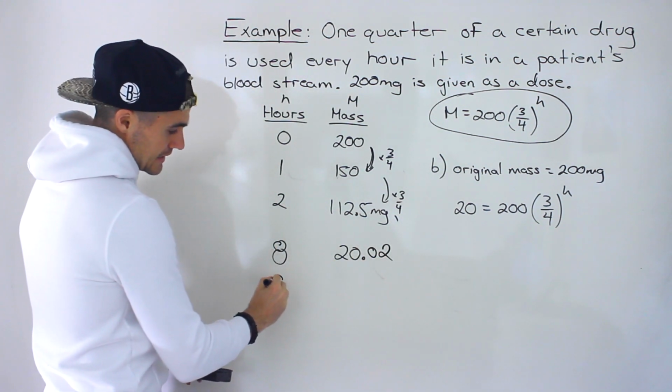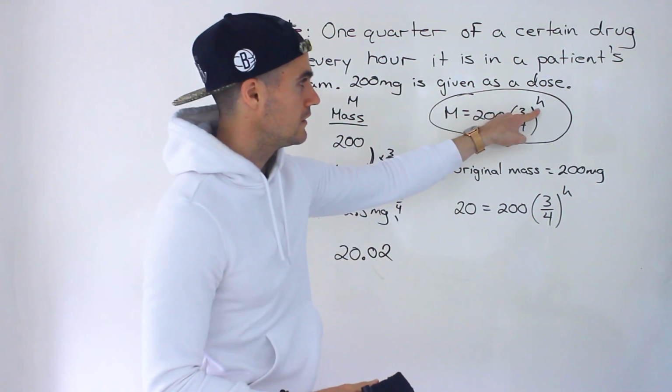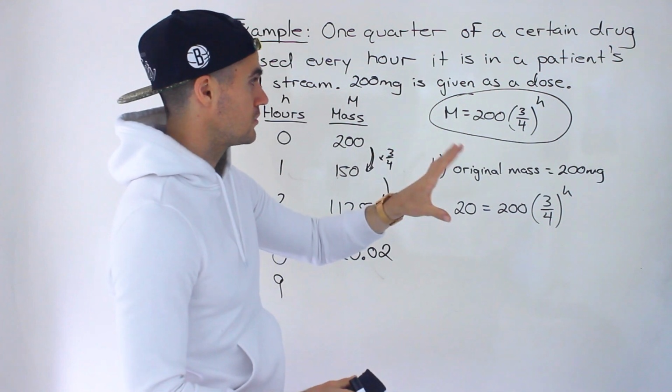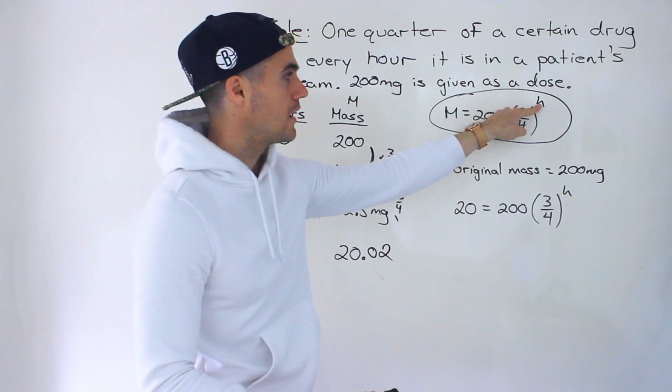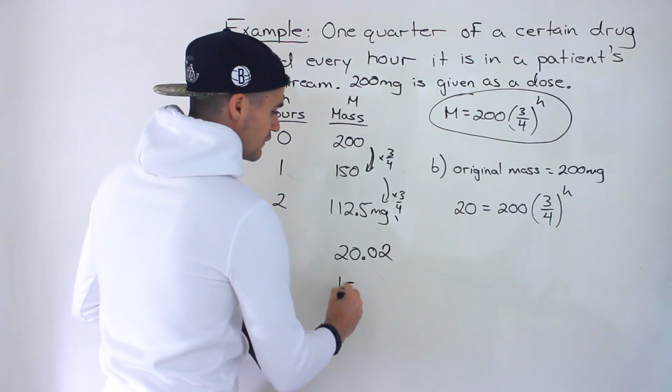And then the next hour is 9 hours. So if you plug in 9, 3 over 4 to the power 9, get that decimal, you could even take 0.75 to the power 9, multiply by 200, you'd get approximately 15.02.